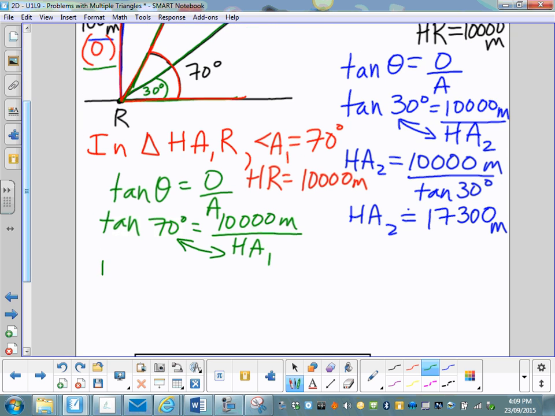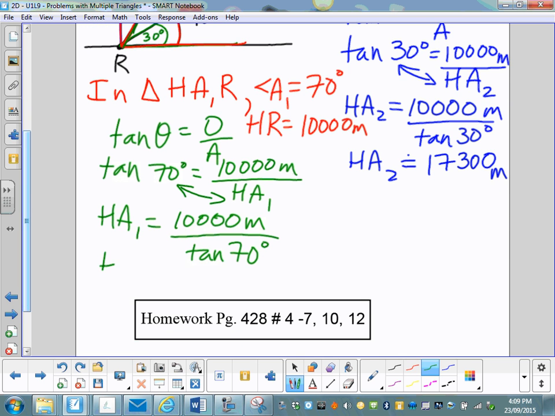We swap these two guys. And when we swap those guys, we get HA1 is equal to 3,600 meters.